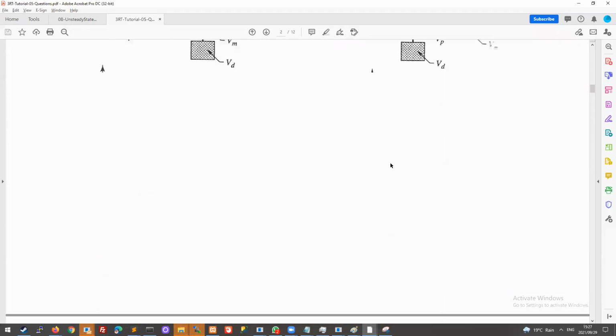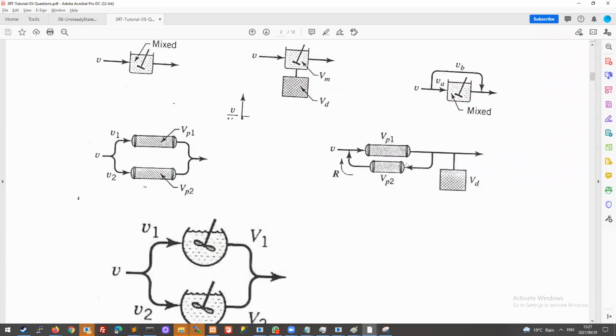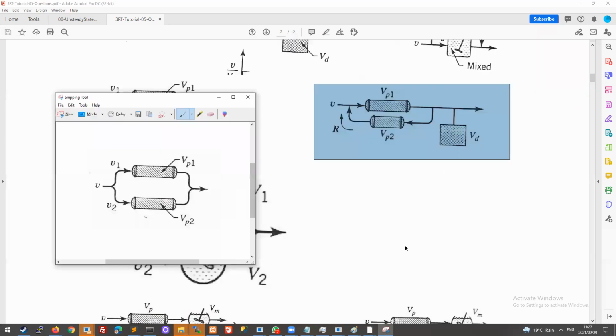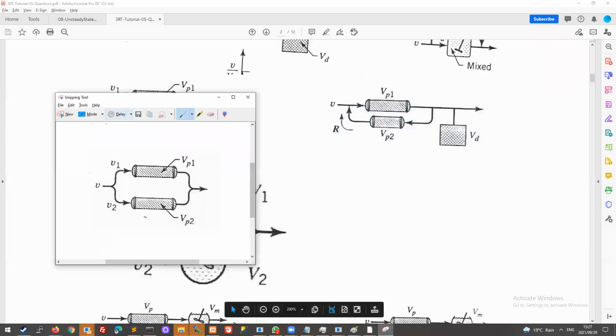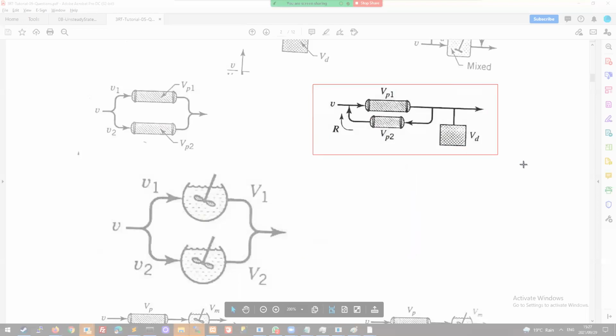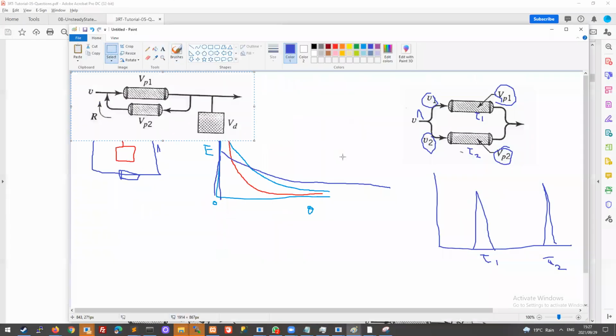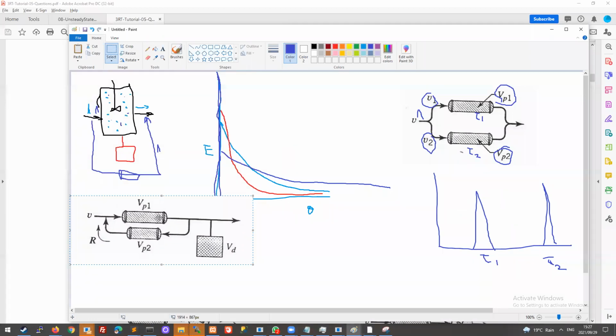And then this case is quite interesting. So let's think about this one. Maybe I'll give you slightly more time. Do the thought experiment: imagine what's going to happen when you put a spike of tracer in here. In this case, you've got the plug flow reactor here, so VP1 is going through here.